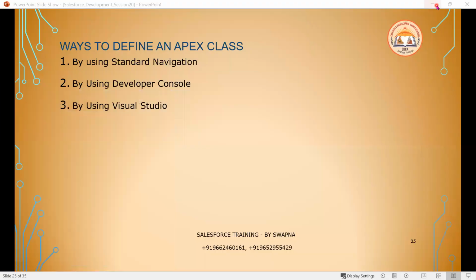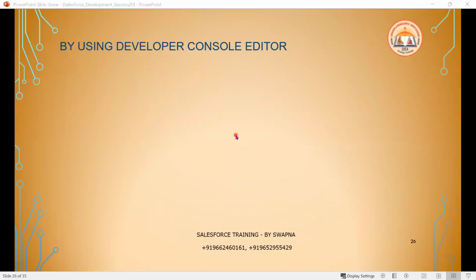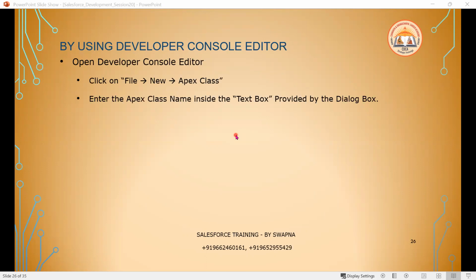Now we'll come to this later. Now what we will do is use the developer console. So by using the developer console, how can we implement an Apex class? Open the developer console editor, then click on File, New, Apex Class. It gives a dialog box.